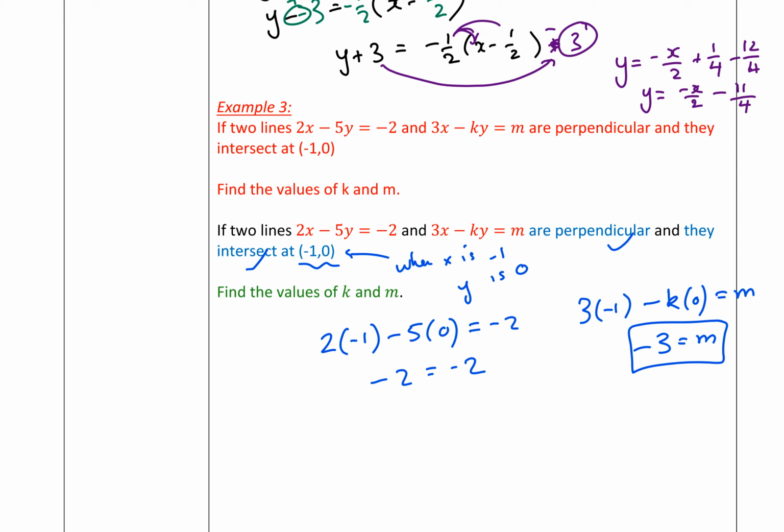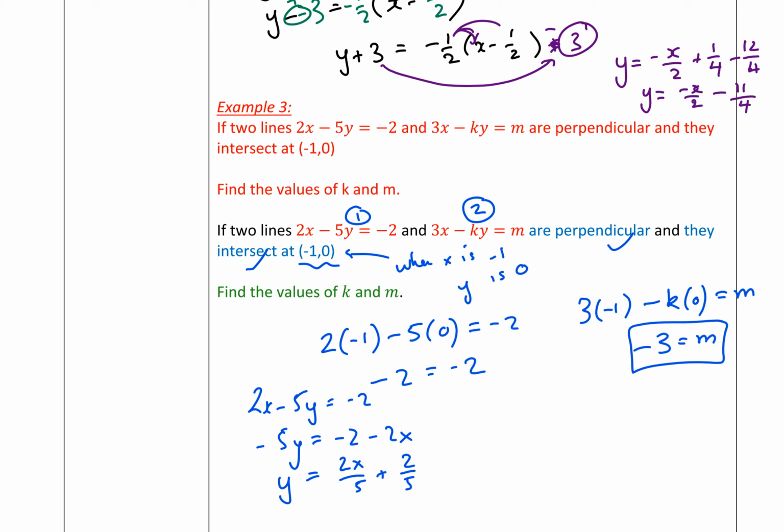Now, for this to be useful, I should solve for y. Using my first equation, might as well label them now. If 2x minus 5y equals -2, minus 5y equals -2 minus 2x, and y equals 2x over 5 plus 2 over 5.